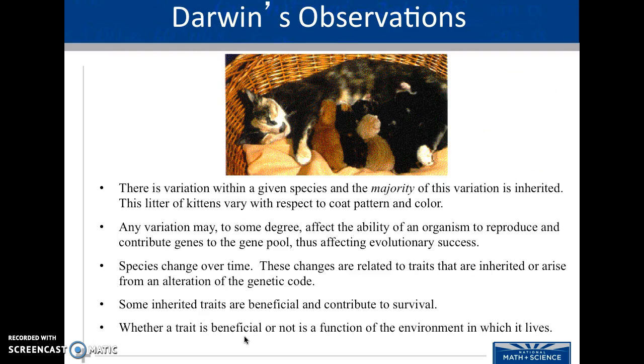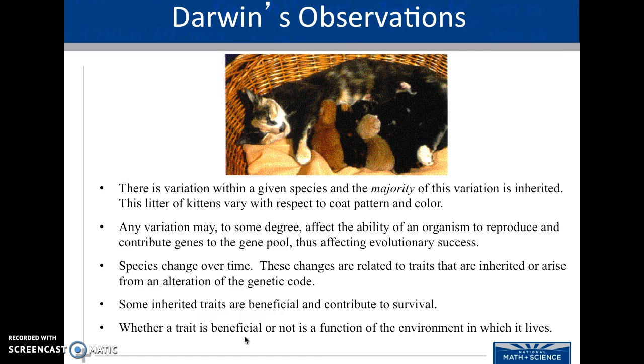Other things that Darwin observed that we need to know. He observed that there's variation within a given species, and the majority of this is inherited. From the color of the coat pattern to height, this is variety within the species, and it's all inherited.